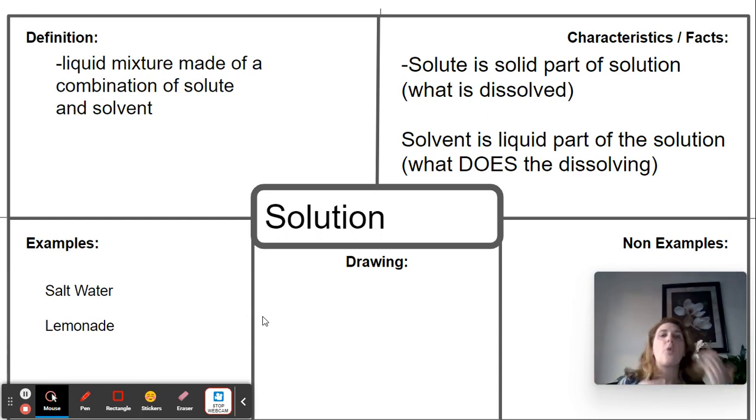Once you have those two Frayer cards done, you're going to move into a Nearpod activity, like a virtual lab demonstration where you get to make different solutions and see the effects, or the ways that you can change it. So go back, pause, rewind, make sure you have both of these Frayer cards copied. And if you have any questions, just send me an email and let me know.